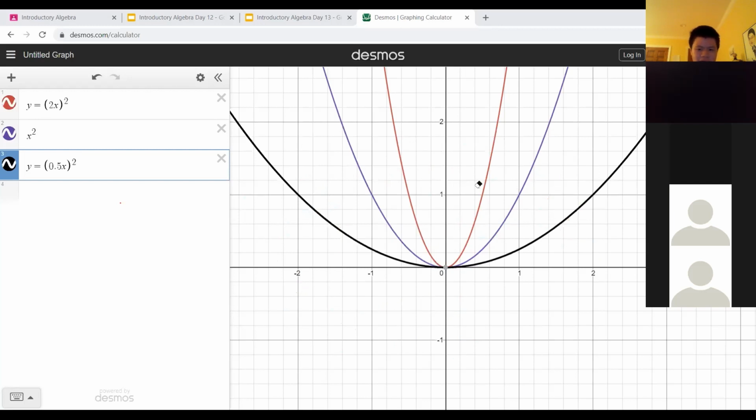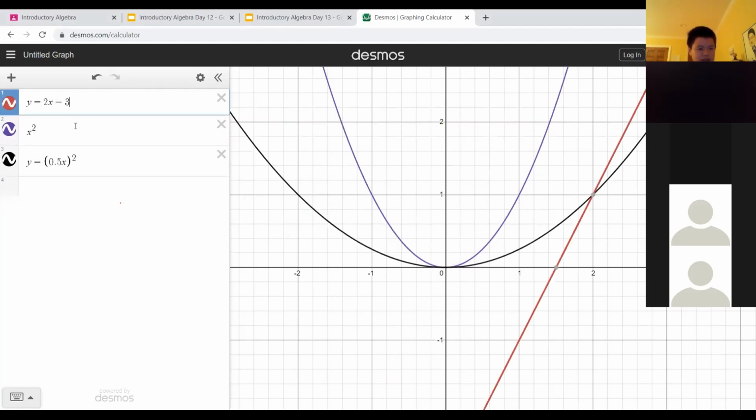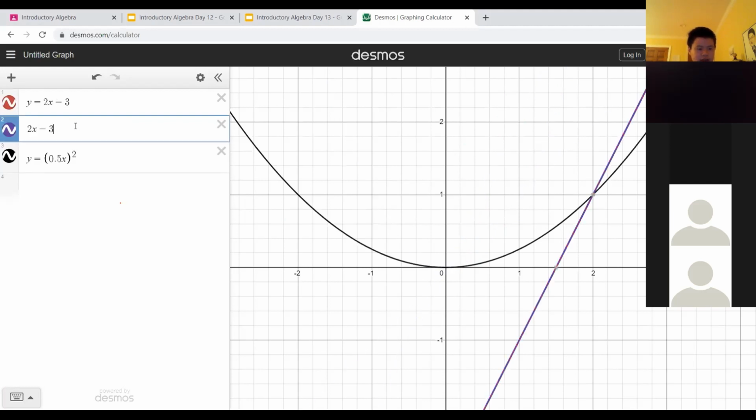Maybe x was a bad example for this, but if we had 2x minus 3, and I'll put everything.